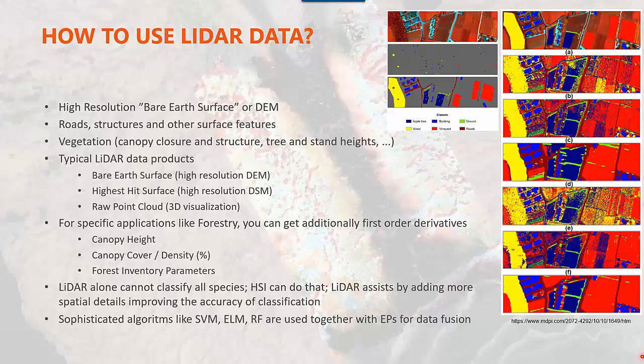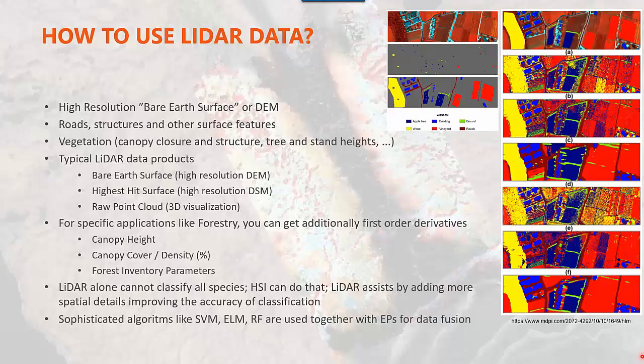So, typical LiDAR data products, in so-called LiDAR language, if you like: the bare earth surface, which is the high-resolution DEM; the highest hit surface, which is the high-resolution DSM; and then the raw point cloud, which is basically a 3D visualization. For specific applications like forestry, you can additionally get first order derivatives like canopy height, cover or density, and some additional forest inventory parameters.